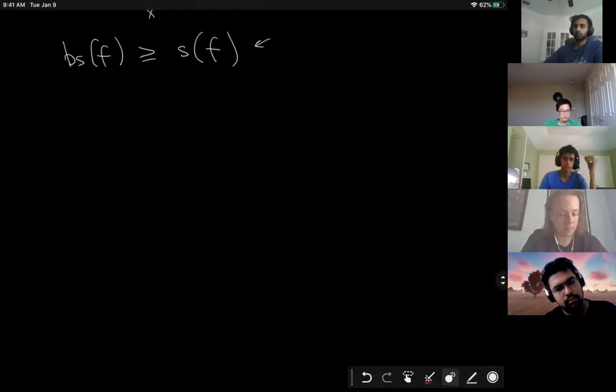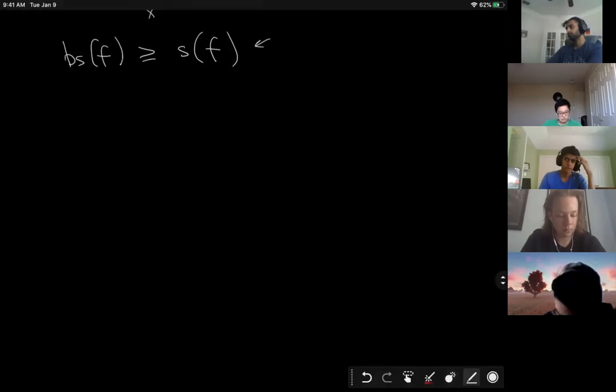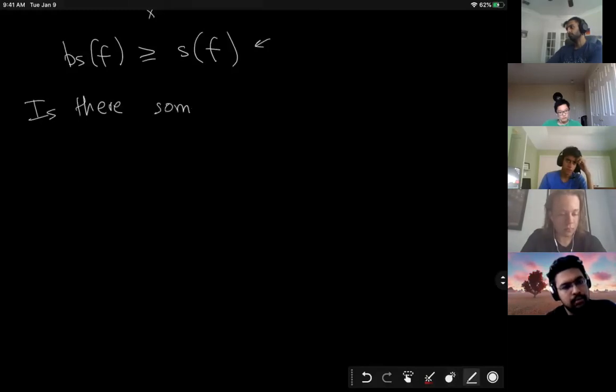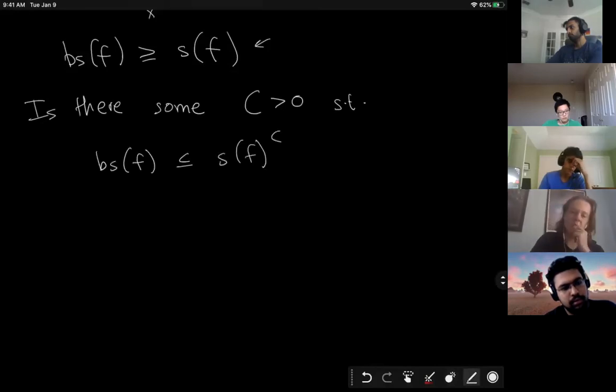Okay, so the sensitivity conjecture just states: does there exist some constant c such that the block sensitivity of f is polynomially related to the sensitivity?